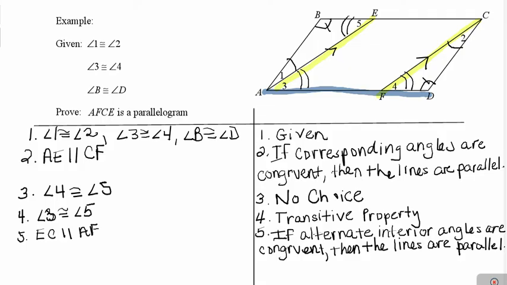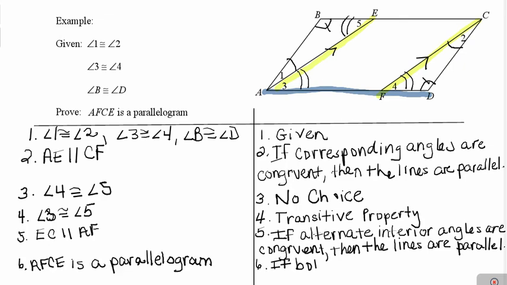And now that we have both sets of opposite sides parallel, that's enough information to prove that AFCE is a parallelogram. The reason would be if both pairs of opposite sides are parallel, then the quadrilateral is a parallelogram.